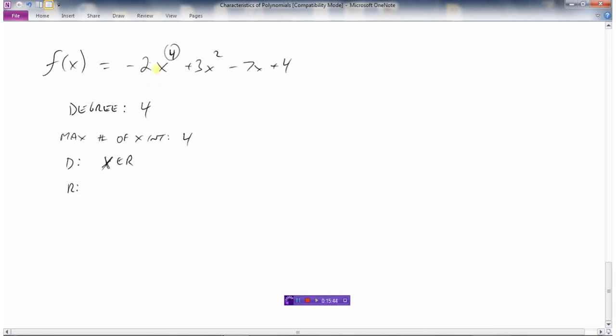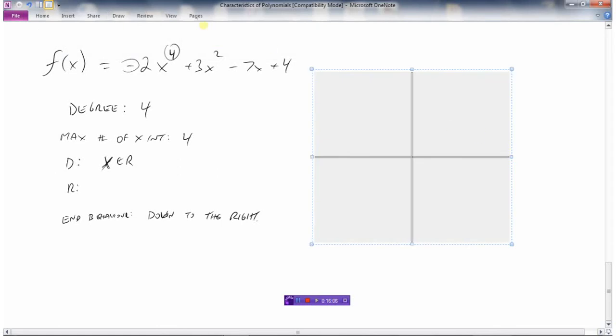Well, the leading coefficient here is negative, so this means that the end behavior is that it's going to go down to the right. So this is enough information now for me to do a very rough sketch of what this graph might look like.